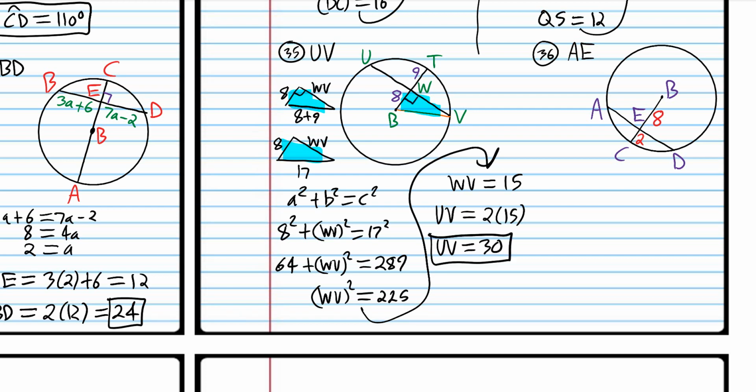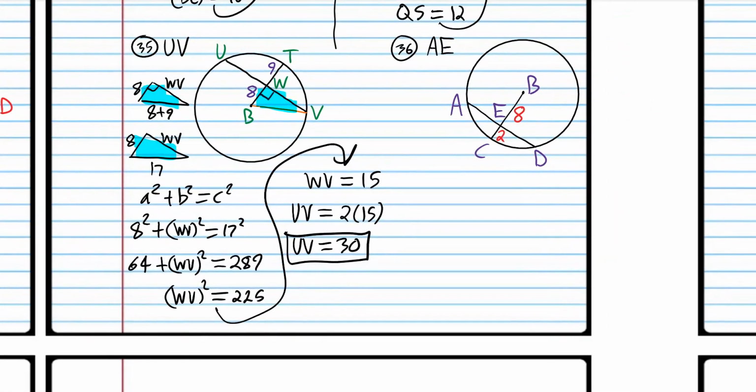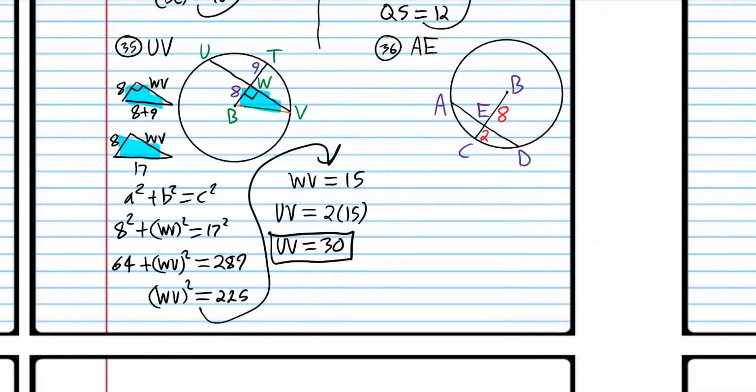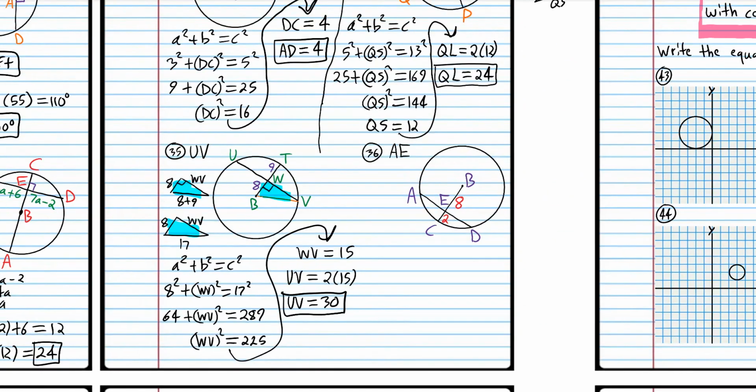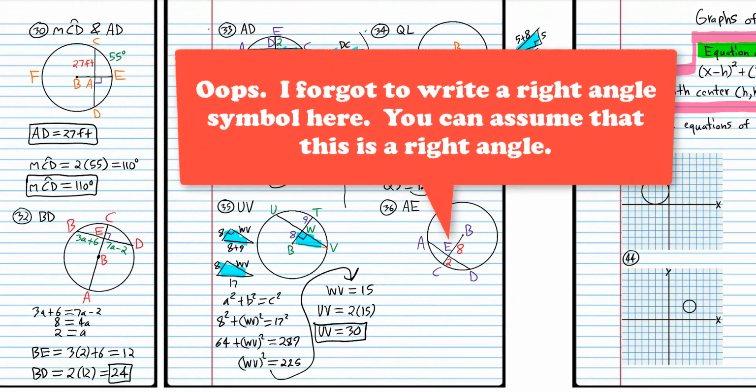And again, that's because BT bisects UV. So if WV is 15, that means that UV must be 2 times 15, because this side is just 15 also. So because of the segment addition postulate, we can just times that by 2. So if you got that answer, good job. Go ahead and try number 36, and when you come back, we'll do it together.